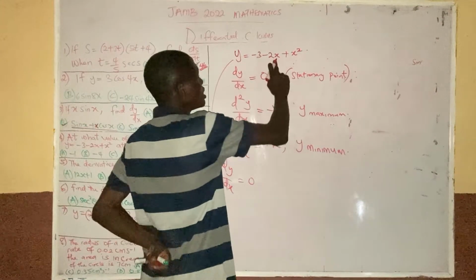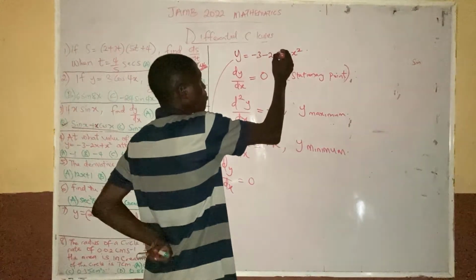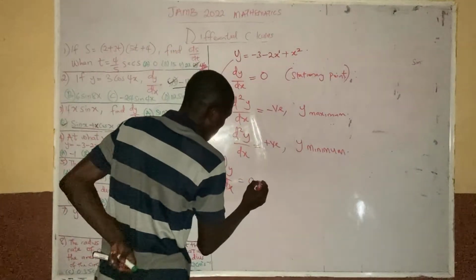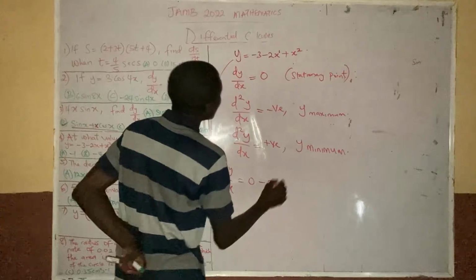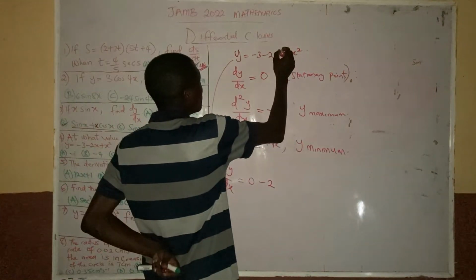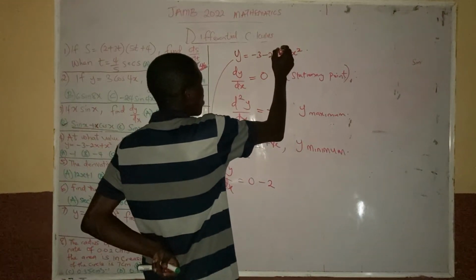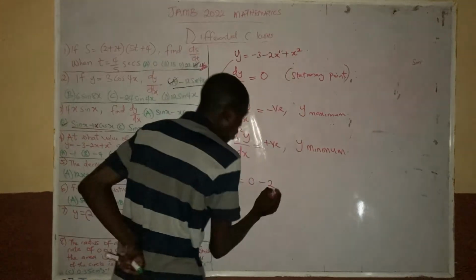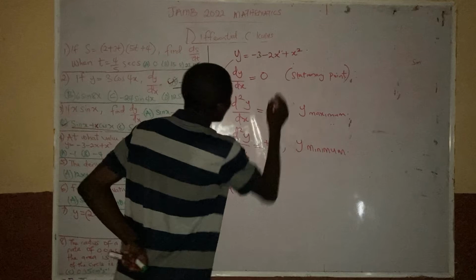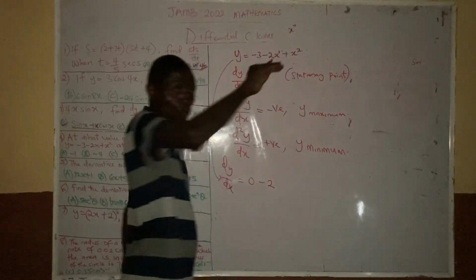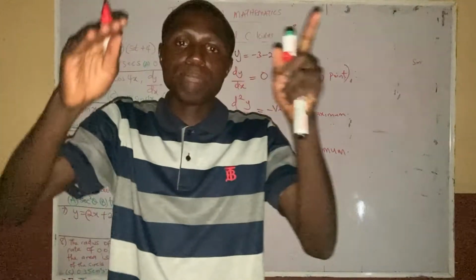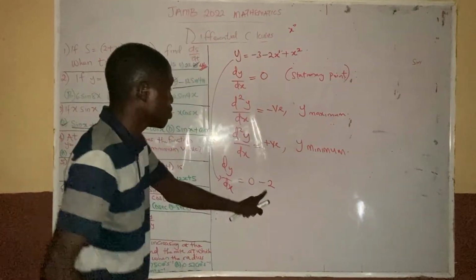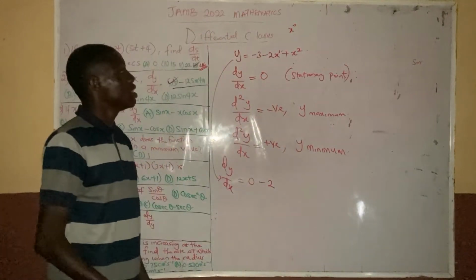Now, differentiate this one, which has a power of 1. 1 times minus 2 is minus 2, times x to the power 1 minus 1. It becomes x to the power 0, and x to the power 0 is equal to 1. So 1 times minus 2 is still minus 2. You don't need to repeat that one.